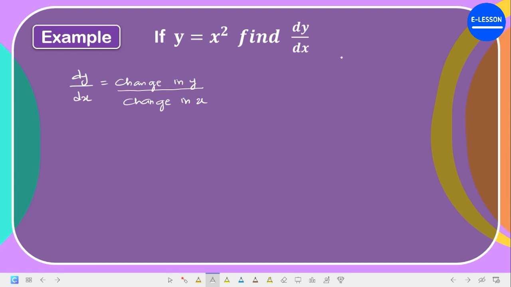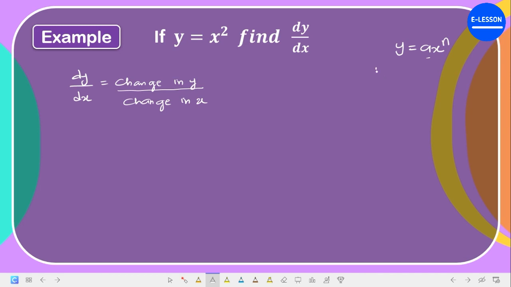If, for instance, you are given, let's say, y is equal to ax^n, where a is the coefficient of x and n is the power of x, how do you differentiate this?